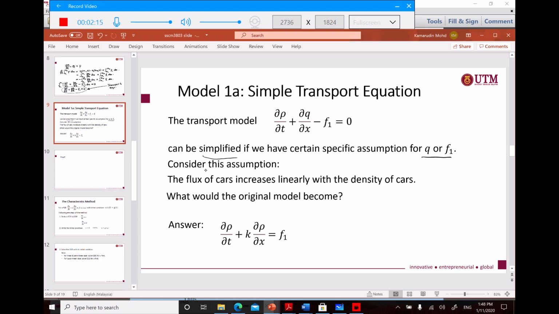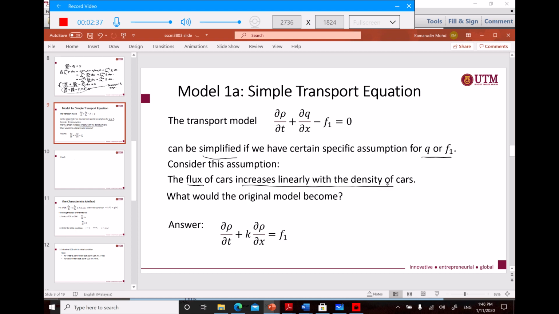Okay, so now let us consider this assumption. The flux of cars increases linearly with the density of cars. Okay, so as we can see here, we assume that the flux Q, here flux is Q, increases linearly with the density of cars.